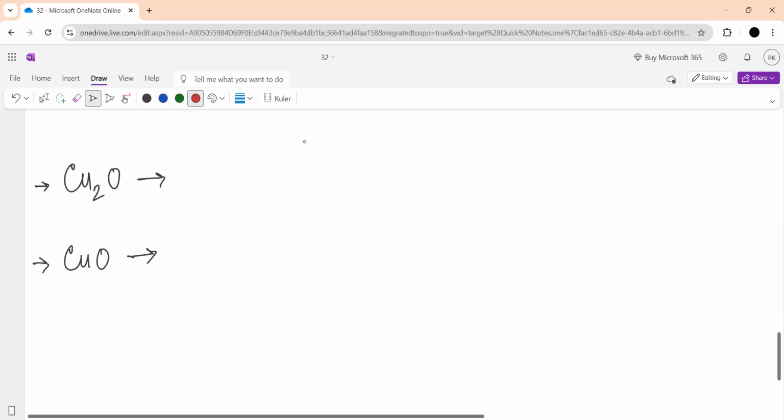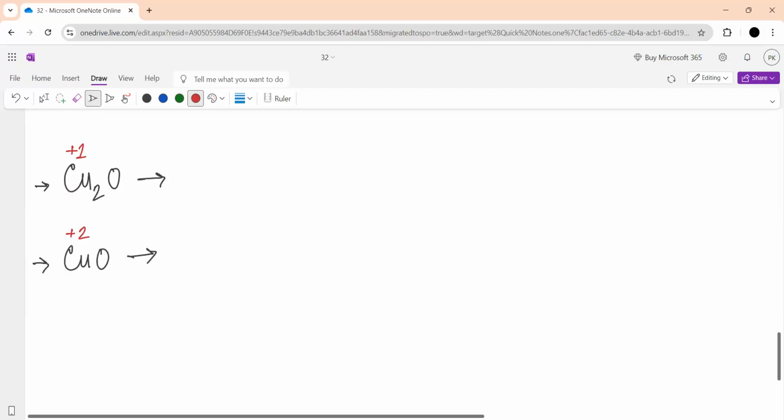What is the oxidation number for the first one? It's +1. In the second one, it is +2. Very good.